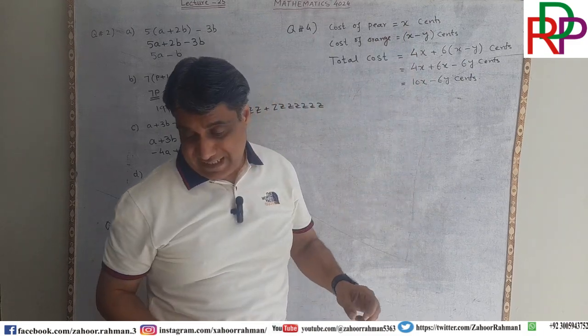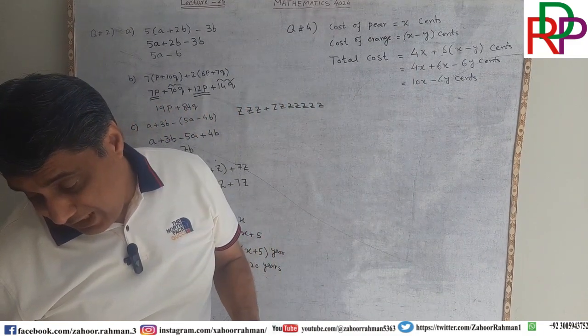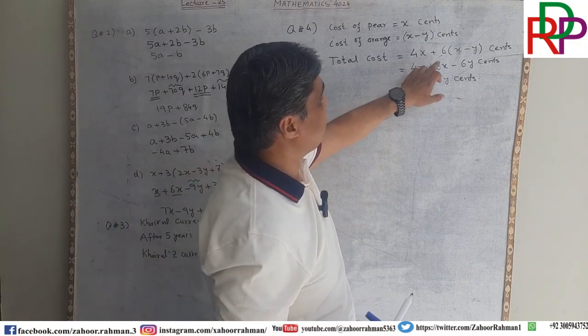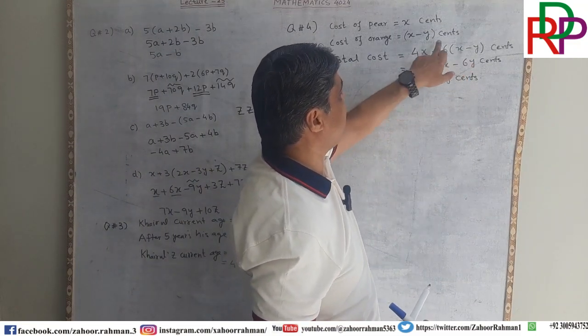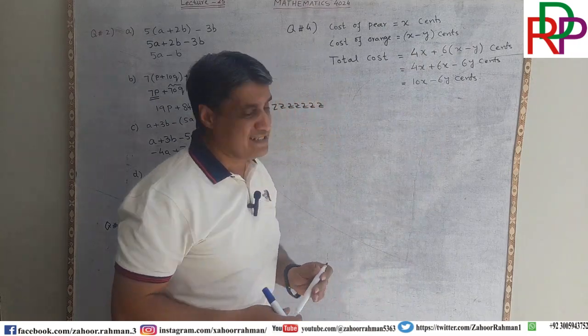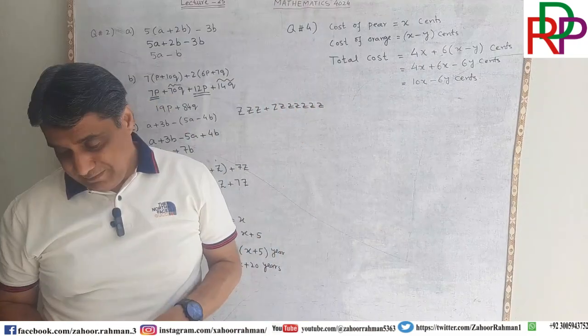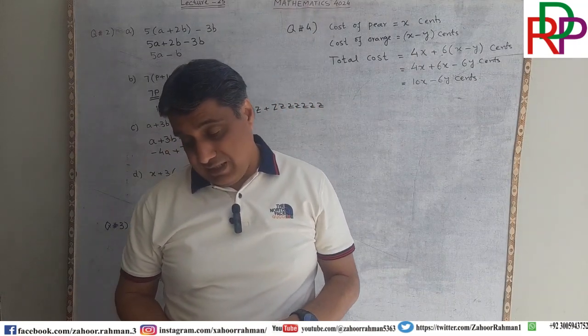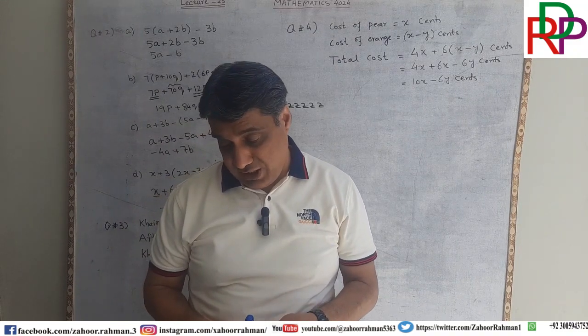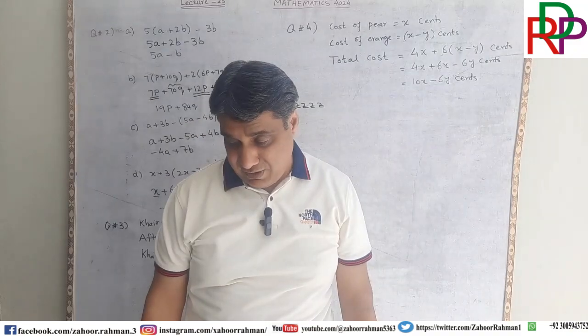So 4 pears and half a dozen of oranges, that is 6 oranges, and oranges is X minus Y. So this was the whole story about question number 4.